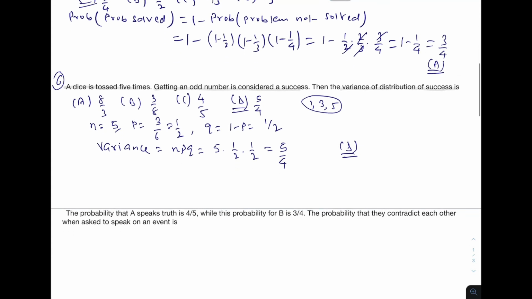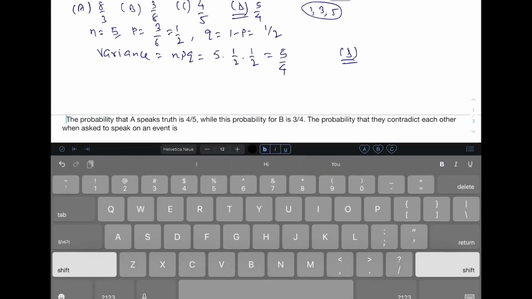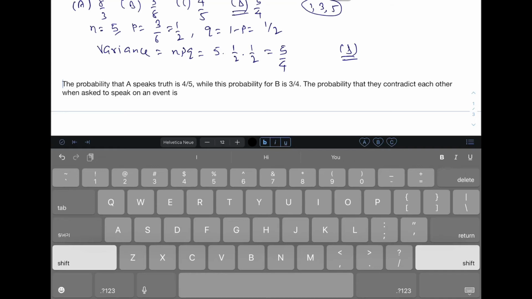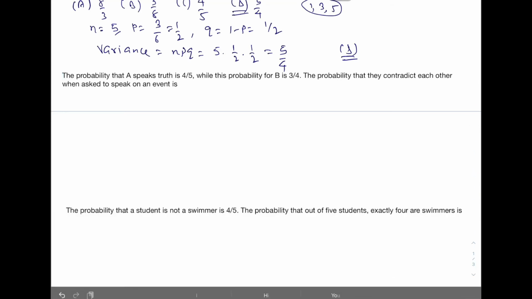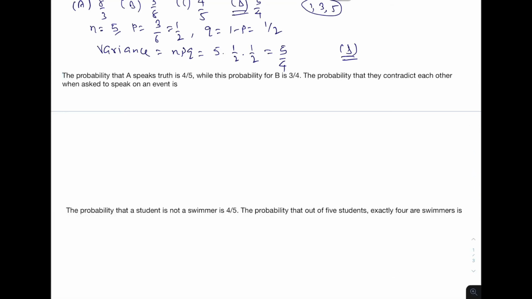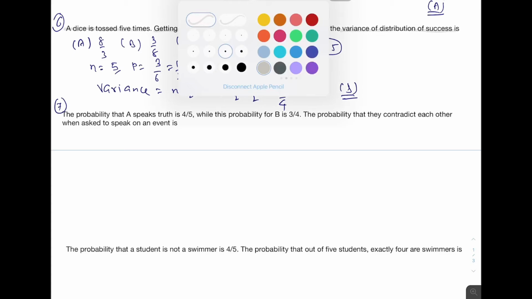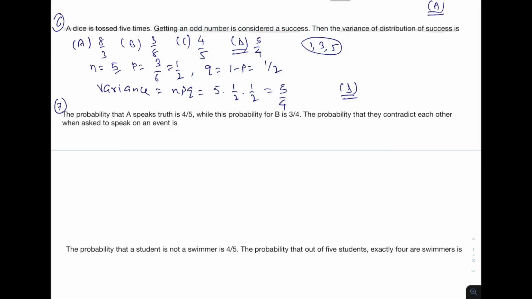Okay, next let us see. The question is, the probability that A speaks the truth is 4 by 5, while the probability for B is 3 by 4.